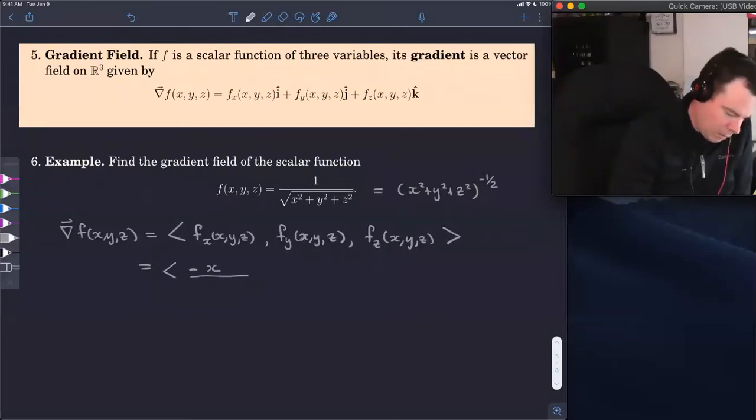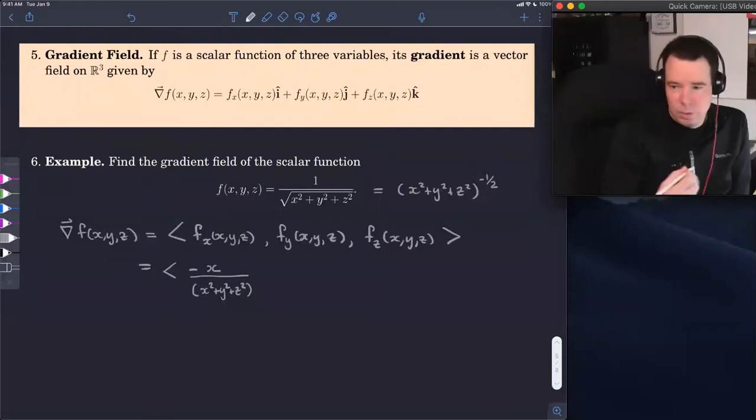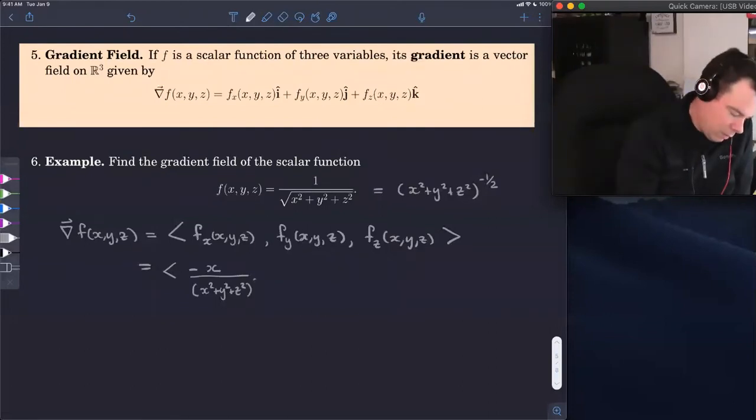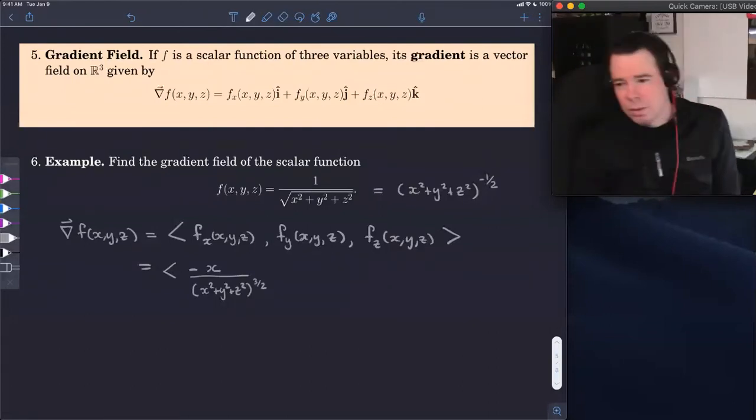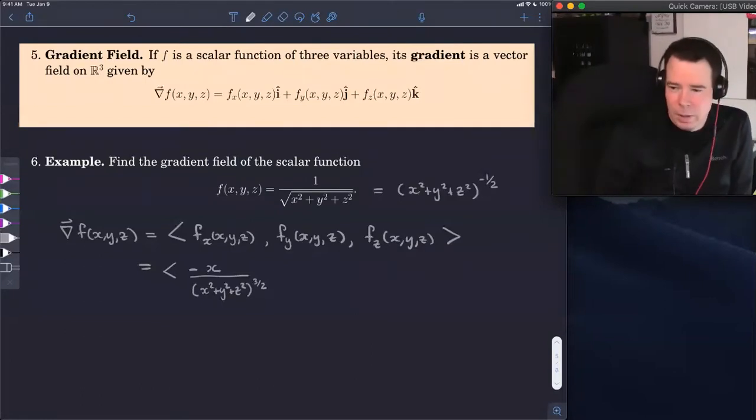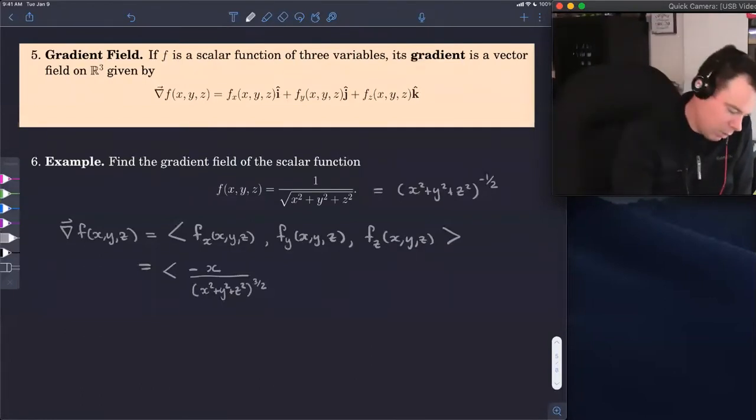And then what's downstairs is going to be x squared plus y squared plus z squared to the 3/2 now. So when I differentiate a power of negative 1/2, I get negative 3/2 in the exponent. So that means it's downstairs as a power of 3/2.